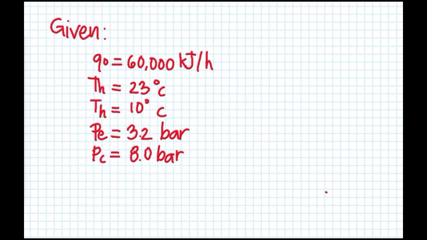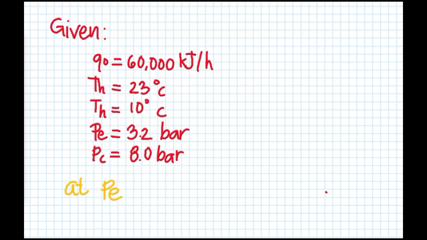And then we have the pressure of the evaporator equal to 3.2 bar, and lastly, the pressure of the condenser equal to 8.0 bar.